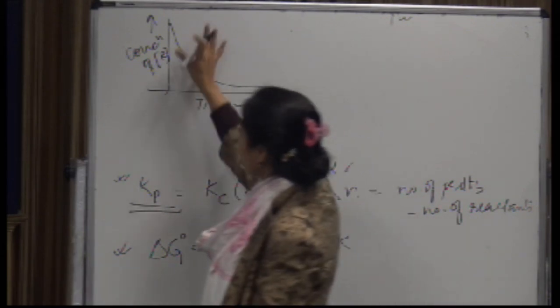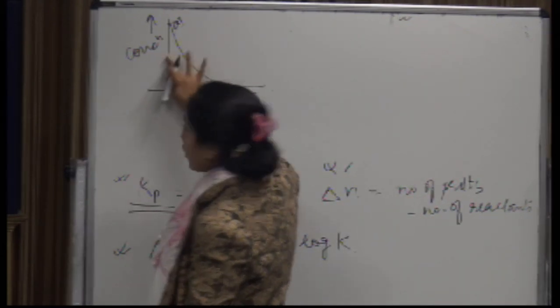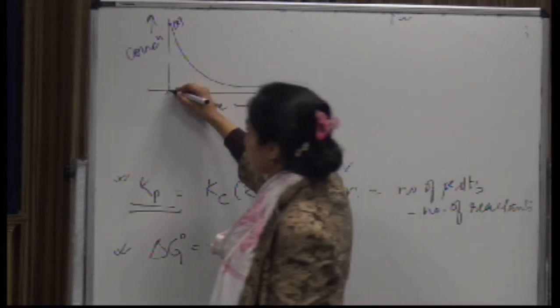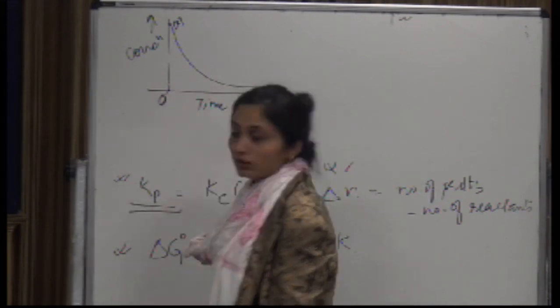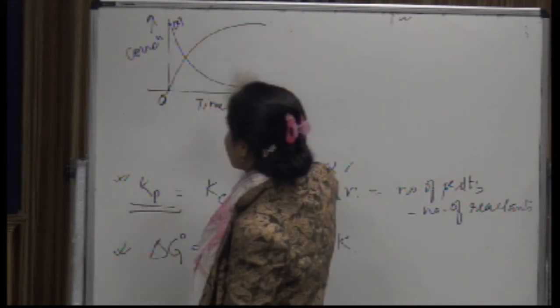So this is for the concentration of reactants. If I talk about now the concentration of products, what was the concentration of the products initially? It was 0 at the beginning of the reaction. So then it will increase in this form.